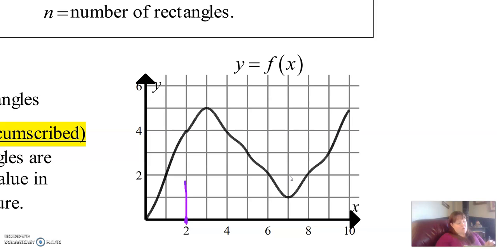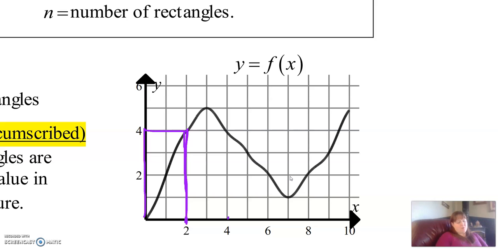And I go all the way up to the curve, and I draw a rectangle that is the height of whatever it is there at the right side of my rectangle. Okay, so whatever the function value is at 2 is the height of my entire rectangle. Does that kind of make sense? I hope so.